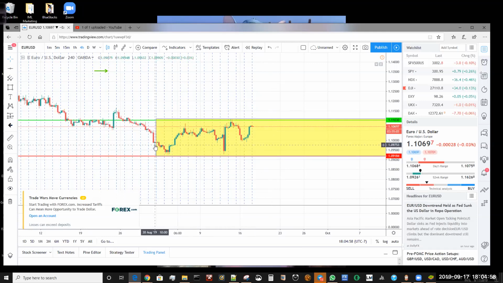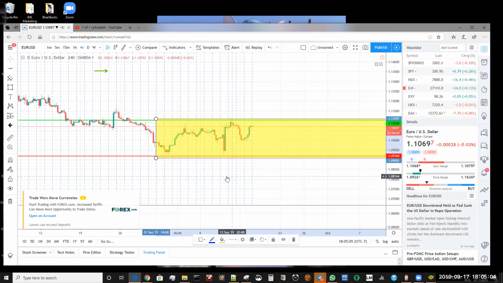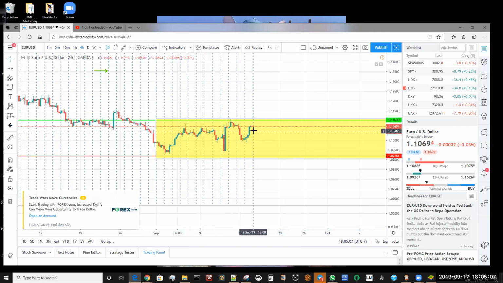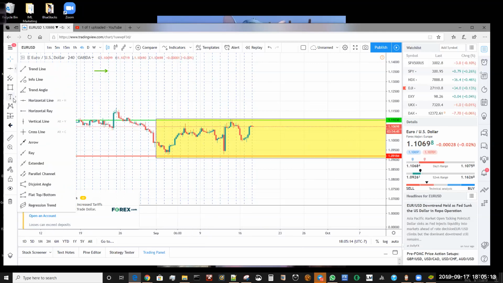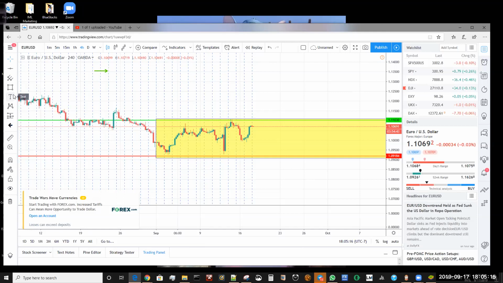Let's adjust this because on the 4 hour we have it first, so just scoop this over a candle. And you can see that the market is almost doing a zigzag pattern, up, down, testing within this area.